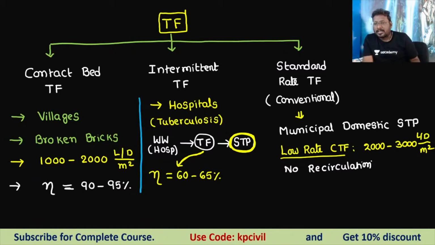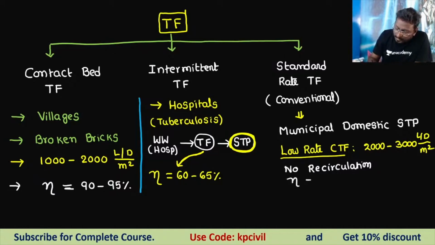Not conventional, those are specially designed for villages and hospitals. The conventional is standard rate. No recirculation, still because of the low rate it achieves 90 to 95% efficiency.